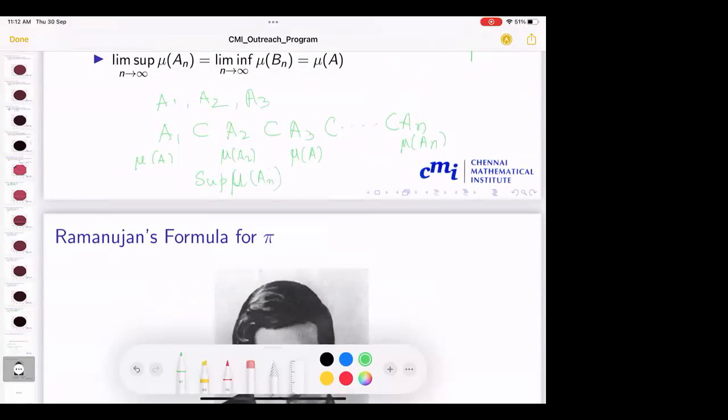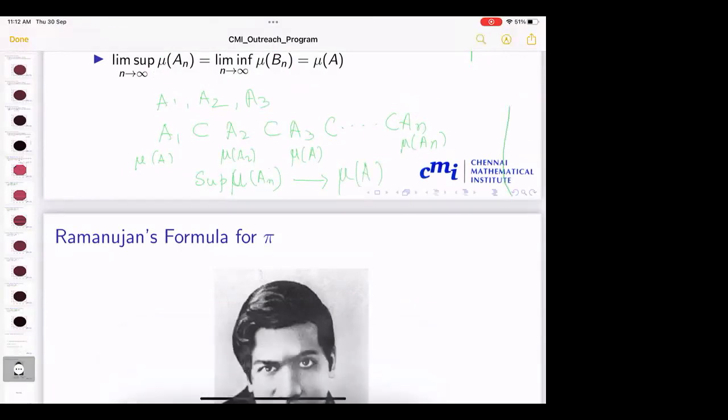That is the largest of all the mu of An. That guy is going to converge to something, where it is going to converge to mu of A. And same concept I am doing here also.